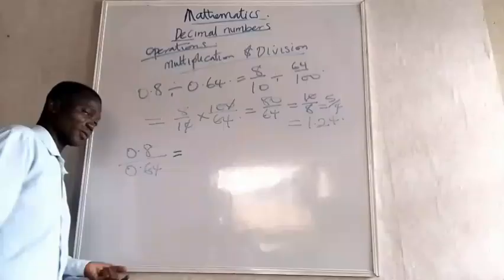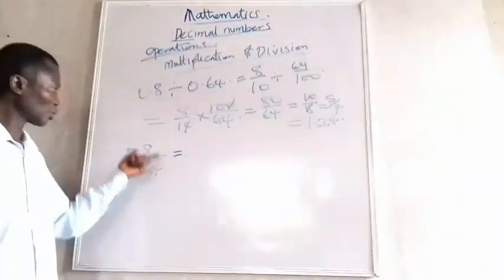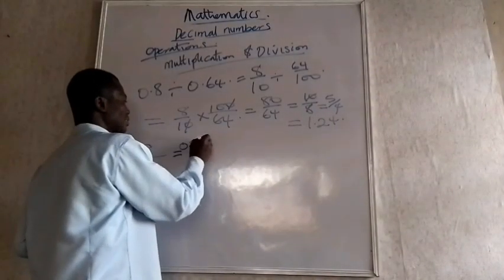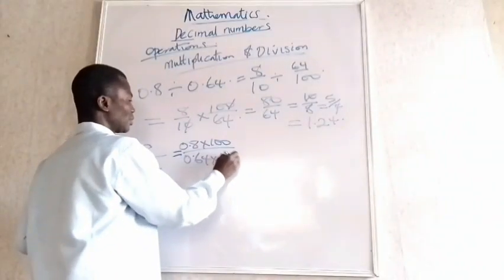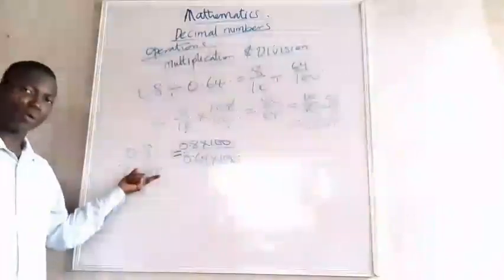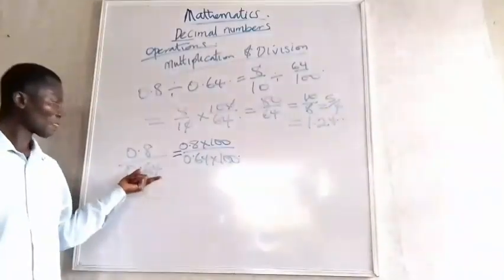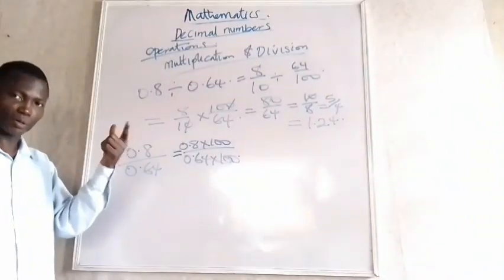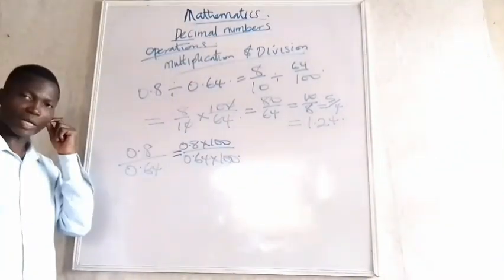0.8 over 0.64. For this one to give you any significance, you multiply both by 100. So it's going to be 0.8 times 100 over 0.64 times 100. For this one to become a whole number, you multiply by 100. Normally multiplying by 10 would make one whole, but since 100 is the bigger number, you multiply the denominator and numerator by 100.